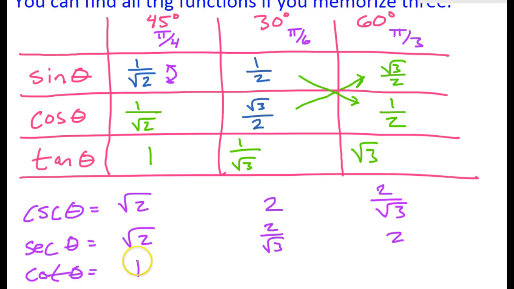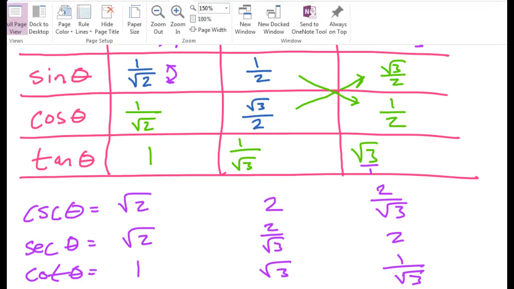Well, the reciprocal of 1 is 1. If I turn this upside down, it'll just be radical 3. And this is like having radical 3 over 1, so the reciprocal of that would be 1 over radical 3. So again, we only had to memorize these three values, and in the end, we can quickly find all of these values if you need them.